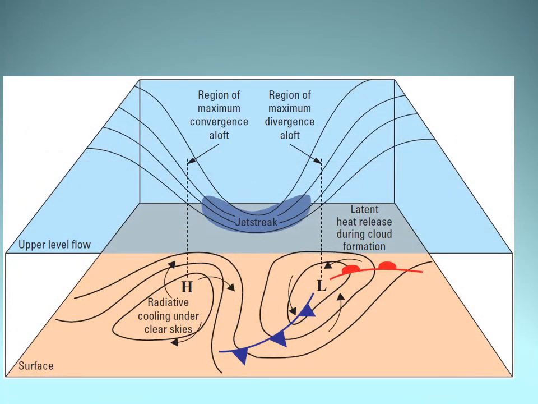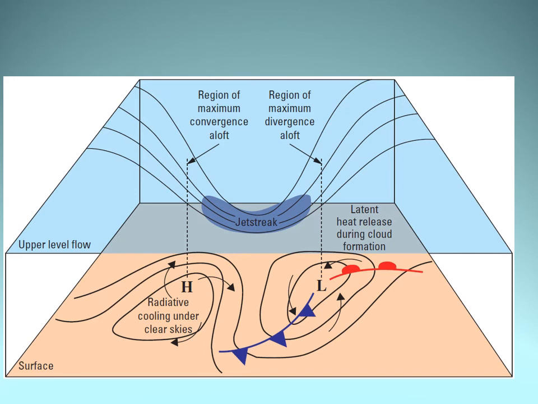Now a jet streak. We haven't really talked too much about jet streams, so let me step back for a second. If we go higher up into the troposphere and look at the 200 to 300 millibar levels, we see this river of air that flows from west to east, and we call that the jet stream.